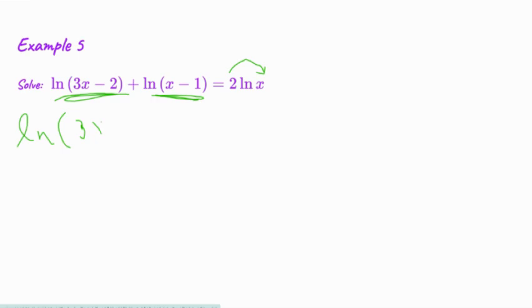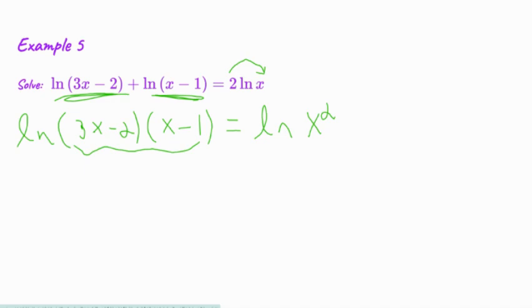So this would be (3x minus 2) times (x minus 1). And this equals the natural log of x squared. Now we're going to do a couple things simultaneously here because I don't have a lot of room. I'm going to FOIL what's in the argument here. And we're also just going to drop the logarithms because the goal when you're solving logarithmic equations is to come to a common logarithm on both sides, and then you can just drop them.